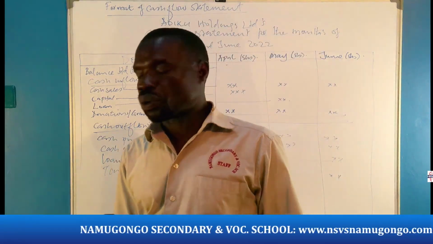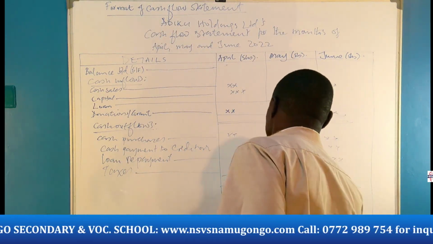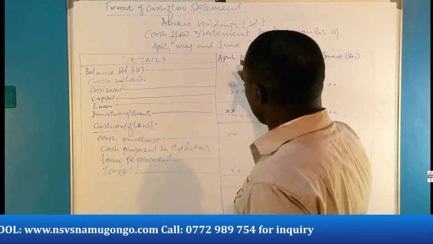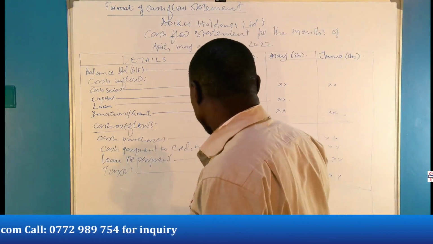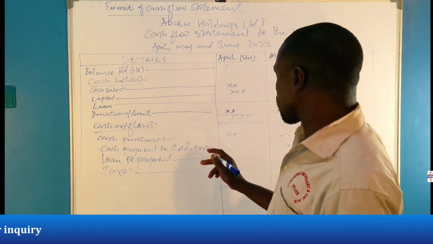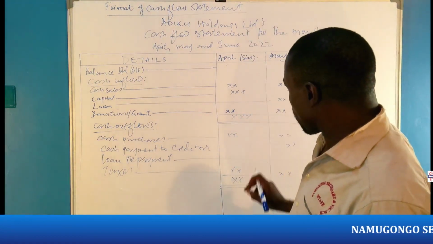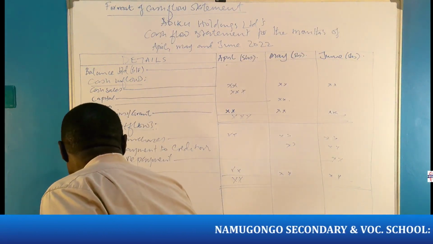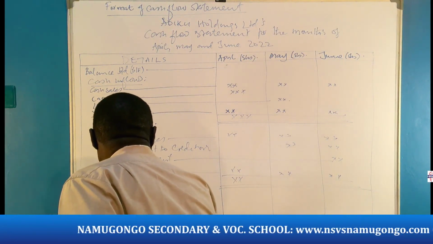What will be now the total? Get the total for total cash outflows. If the total cash inflows for April is 10 million, and the total cash outflows is probably 2 million, we now get the difference between this and this to give us what we call, below the totals, the net cash position.